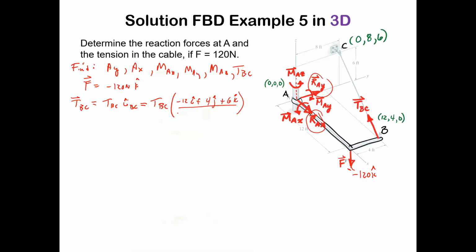All over the square root of the squares of those things added together. So that's going to give us a vector that has a magnitude of TBC and a direction of minus 6/7 I plus 2/7 J plus 3/7 K. So that's just one unknown.